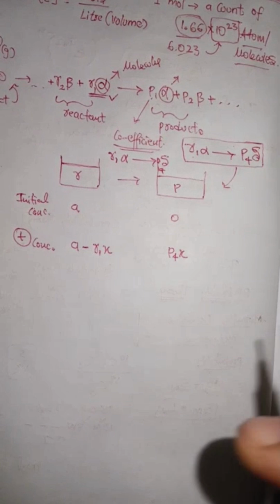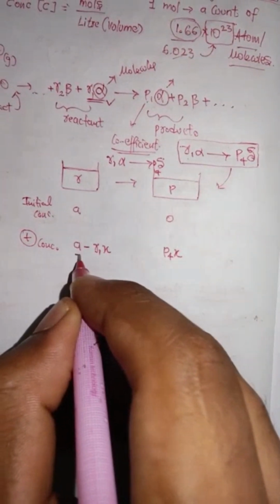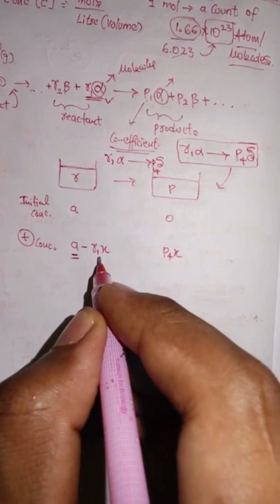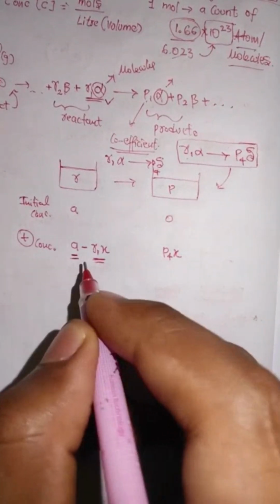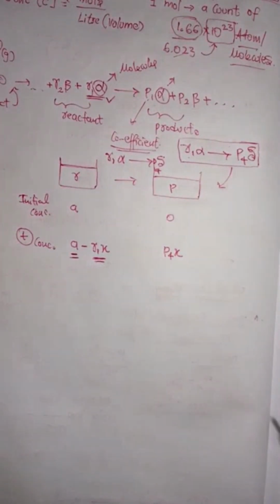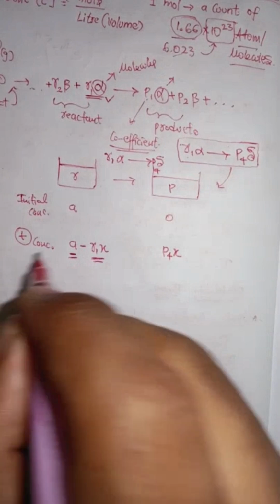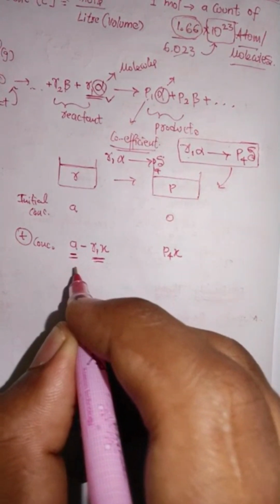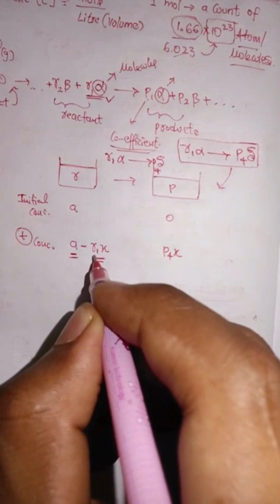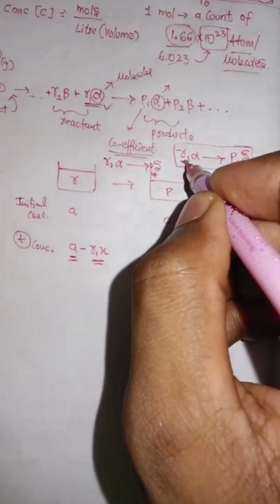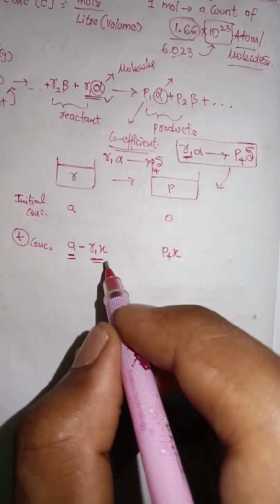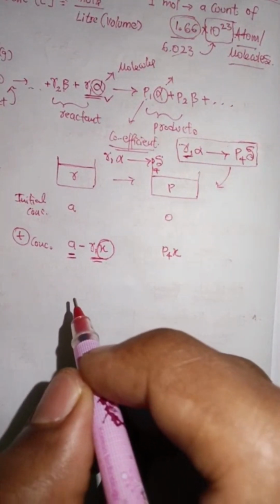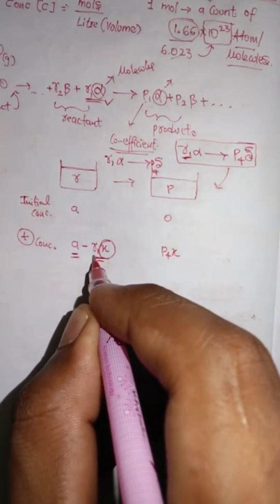And here, for the total concentration of alpha, there is a certain amount of concentration taken out at a time t, and the concentration that has been taken out from the initial concentration is taken in moles. We need to consider that x moles have been taken, and it should be multiplied with R1.